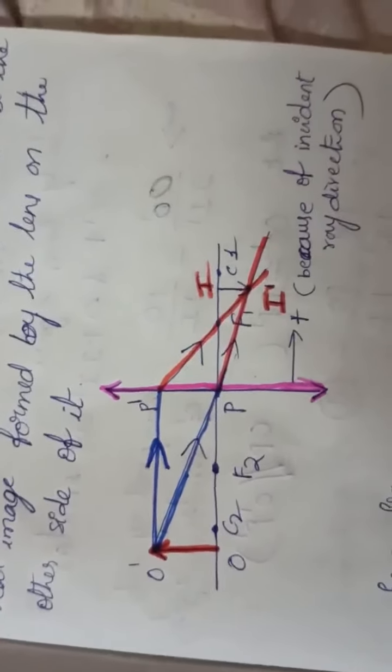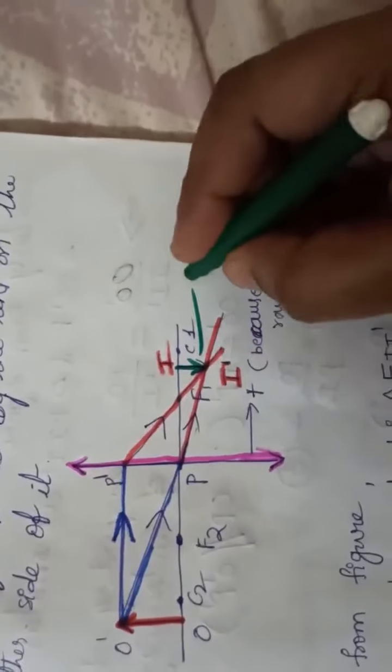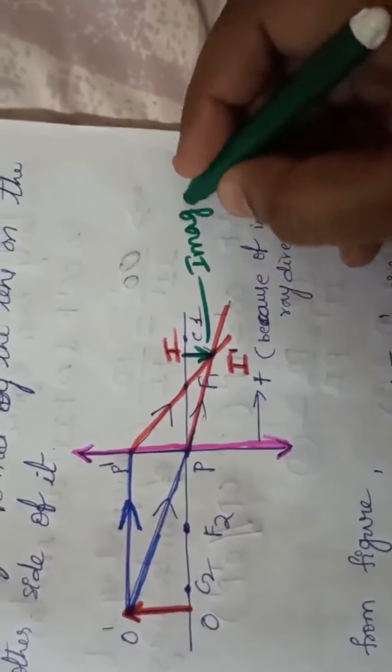We are marking that as I dash, or I1 also you can take. So I dash is the image here, children, and in between focus and center of curvature we got that real image. This is inverted, as we know from the previous classes. So this is the image and this is the object.